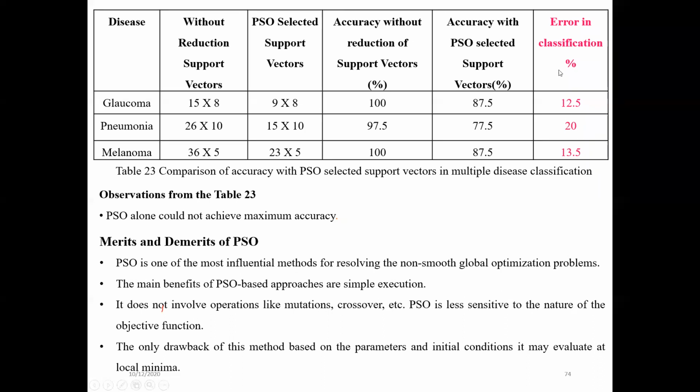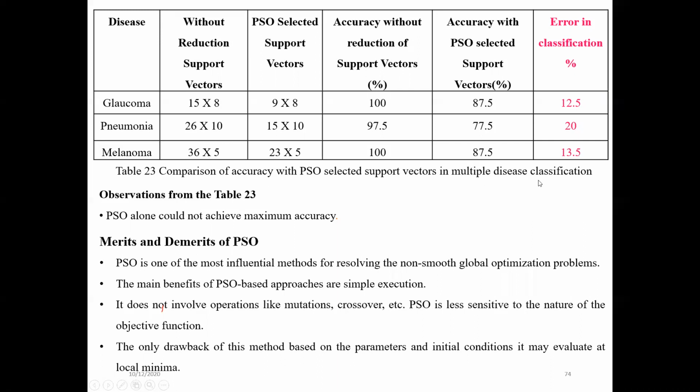You may observe on the extreme right hand side, the last column, the percentage error in classification. There is a 12.5% error if you want to reduce the support vectors. If you want to compromise on the accuracy and want to have the reduction of the support vectors, then you may go for it. So 12.5%, 20 and 13.